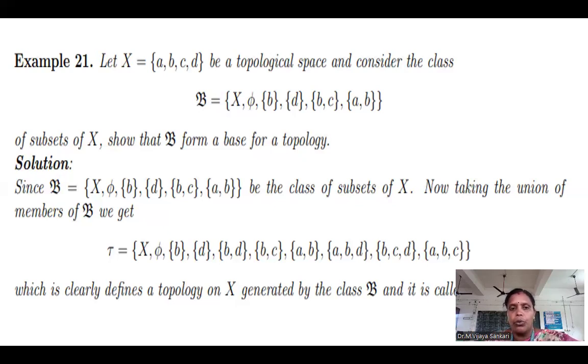Tau equals X, empty, singleton set B, singleton set D, and then their unions. The union of the two singleton sets is B, D. Then the set B, C and the set A, B, their union is A, B, D; B, C, D; and the set A, B, C.